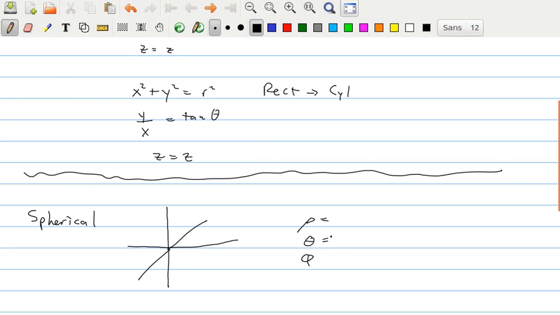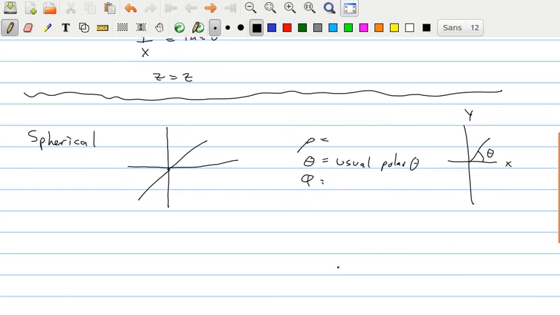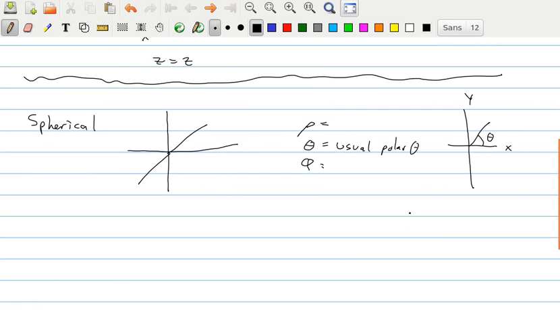Now we'll start with theta first. That actually is the same as the polar angle theta. So if we were to look in the xy plane, theta is the angle from the positive x-axis. So this is the usual polar angle. If we look at phi, well, phi is the angle of descent from the positive z-axis.